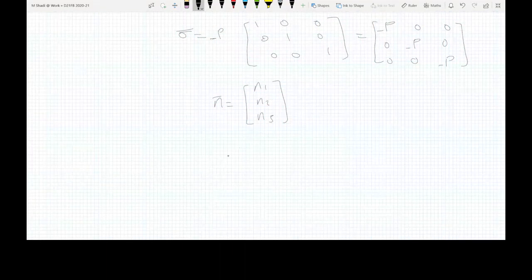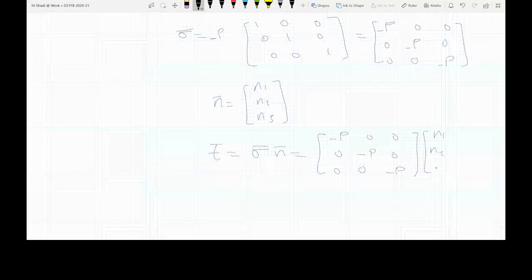All right? So first of all, we want to find T. This is sigma multiplied with N. So this is minus P, 0, 0; 0, minus P, 0; and 0, 0, minus P, multiplied with N1, N2, and N3.